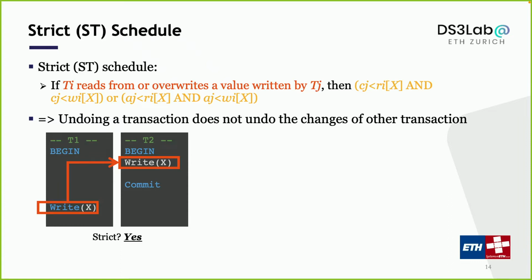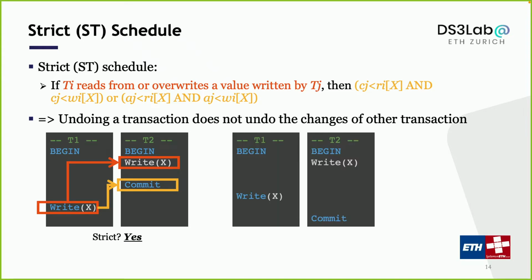You look at all those pairs where T1 accesses a value that T2 wrote before, and then you check whether T2 committed or not. In this case, it's fine. On the other hand, this is an example that is not strict. Why? Because T2 writes something, T1 overwrites it, and T2 commits. So you have this type of structure.